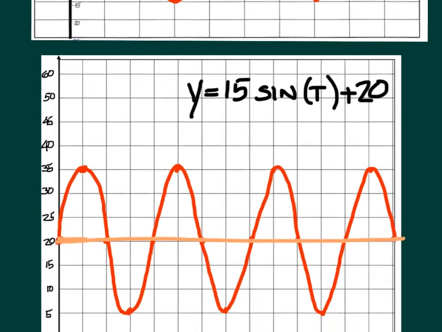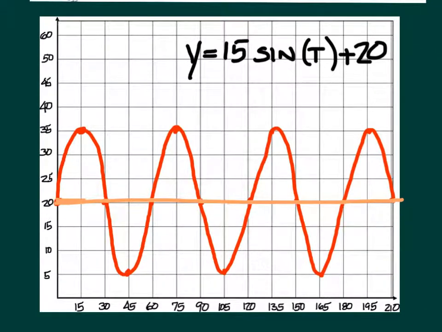All right, we'll go down to here and add in something else. Now, if he's at 5 feet off the ground, and the distance from the ground to the center of the windmill is going to be 20, then we're going to add a 20 here at the end. Remember the Ferris wheel yesterday, the distance from the ground to the center was, I think, 40.